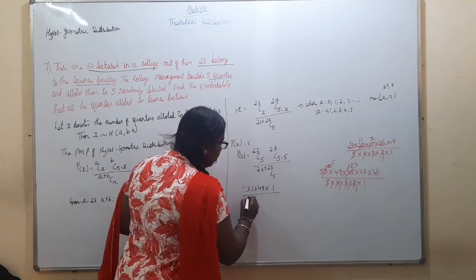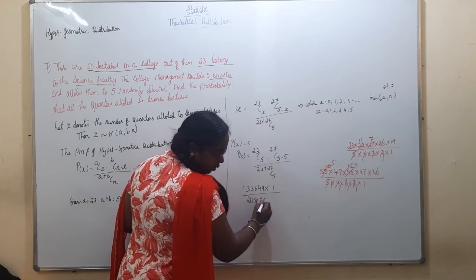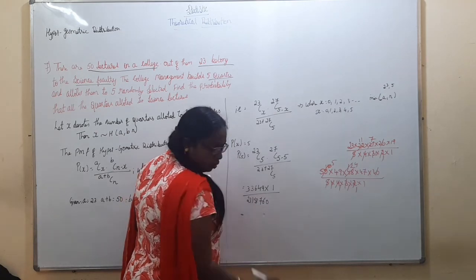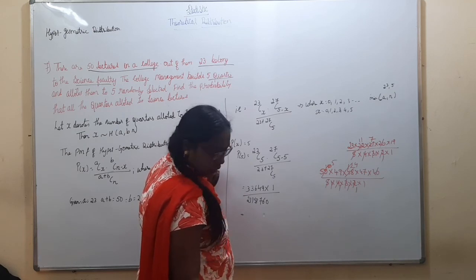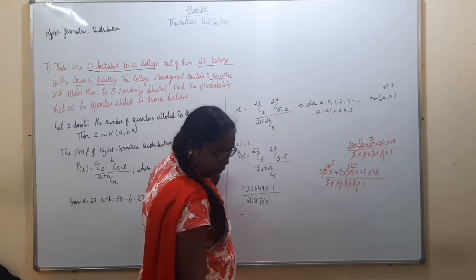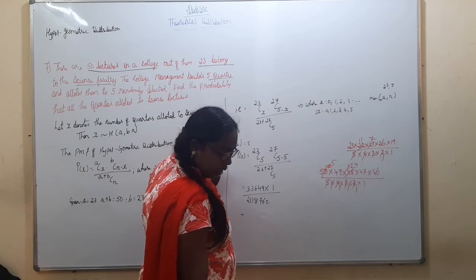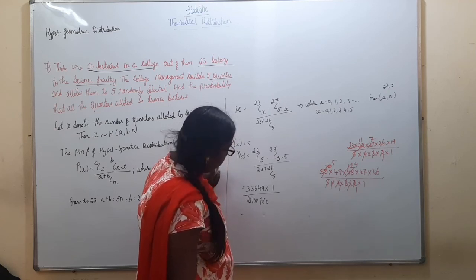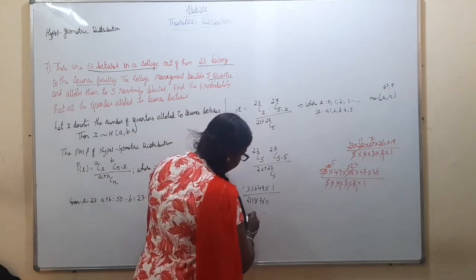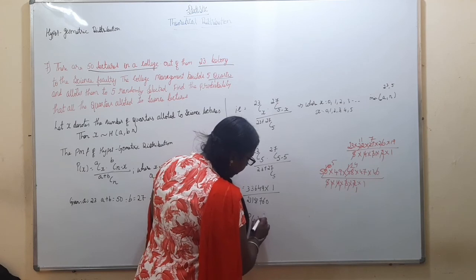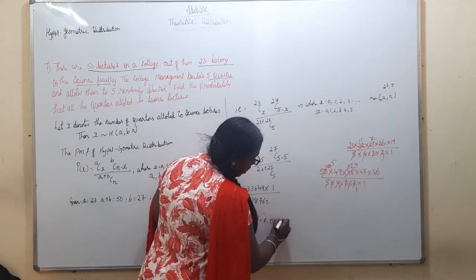I will get 2118760. So 33649 divided by 2118760, I will get 0.0159. So P of x, the probability of getting only science lecturers, is 0.0159.